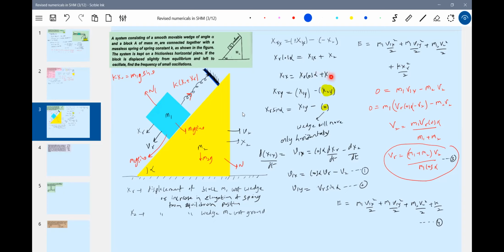Then because I have to bring V2 and x2 into the picture, then we'll get x1x. Again, we have to replace x1x, no? Then you have to replace x1x in terms of x2.